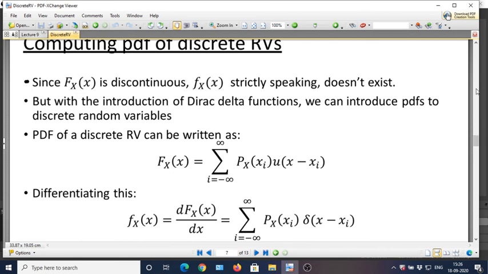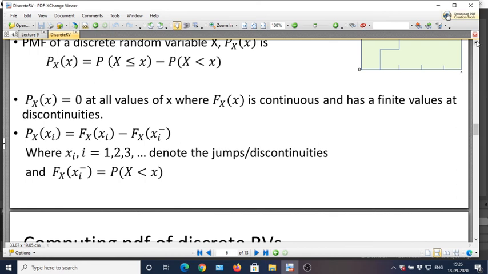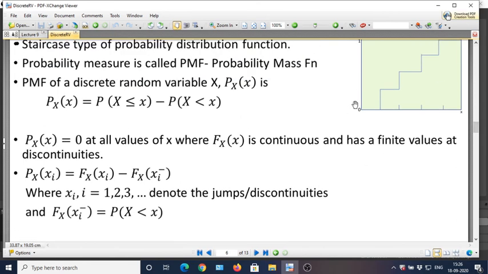We can easily see that this staircase function can be constructed by taking one unit step function which starts at this point and takes a value up to infinity like this one. Then you have another unit step function. If you add these two functions, you will get a function which goes like this. And then we superimpose another unit step function and add it with these two, and so on.